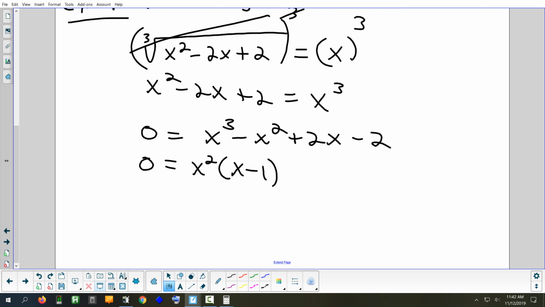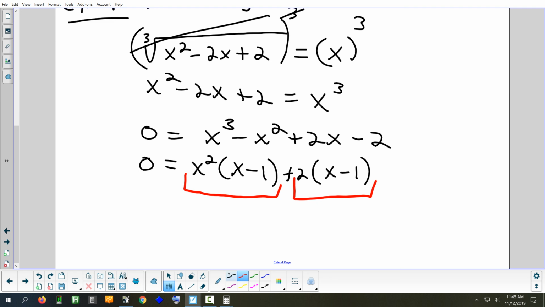What can I factor out of 2x and minus 2? Yep. 2. If I do that, I'm left with x minus 1. Perfect. Now, look at what I just underlined in red. That's term 1. That's term 2. Caleb, what do both of those terms have in common now?